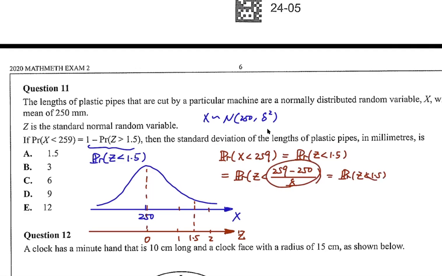Therefore, you can equate these two expressions: 259 minus 250 divided by sigma equals 3/2, 1.5. So 9 over sigma is 3/2. So sigma should be 6. A very nice by hand calculation question. Then we can look at question 12.